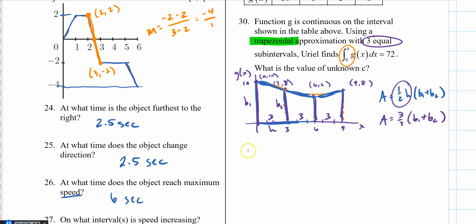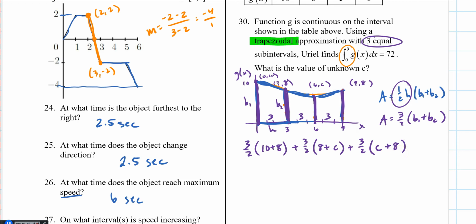So I have 3/2 times base 1 for this first trapezoid, which is 10, plus base 2, which is 8, plus, now I have my second trapezoid, which is 3/2 times base 1, which is now 8, plus base 2, which is C, plus 3/2 times base 1, which is C now, plus base 2, which is 8.